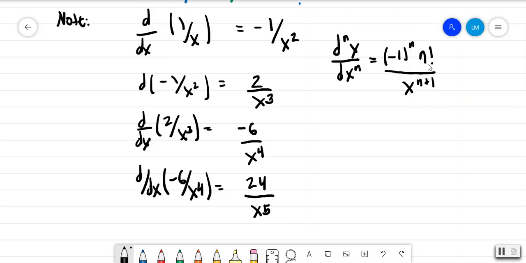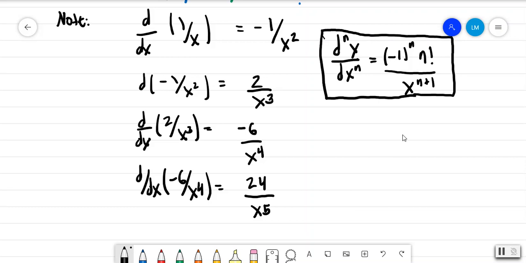So whenever n is equal to 1, this gives us minus 1 divided by x squared. But when n is 2, it's going to be 2 factorial, which is 2, and negative 1 to the 2 is just positive 1, and so on. So this should work out for finding the higher order derivatives of 1 over x.